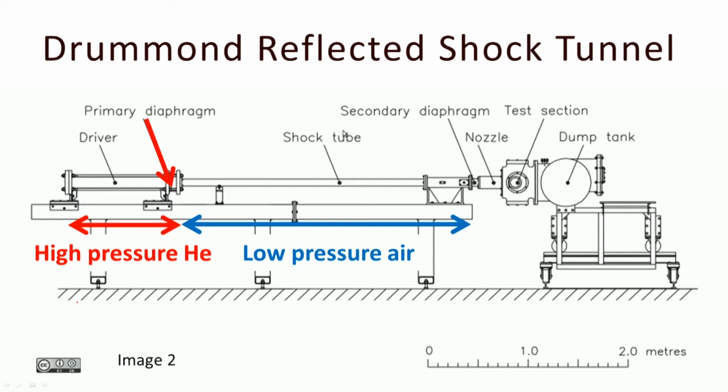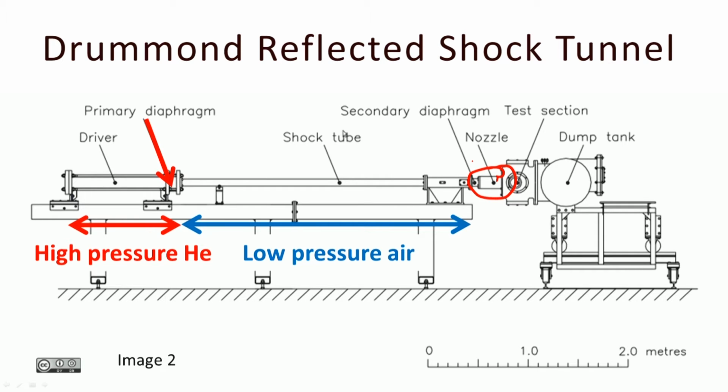The rest of the tube between the aluminium diaphragm and the nozzle at the other end, that's the nozzle here, is sealed off and is initially filled with air, and this is called the shock tube. For the test shown in this course, the shock tube is initially filled with 17 kilopascals of air, so that's about a fifth of atmospheric pressure.